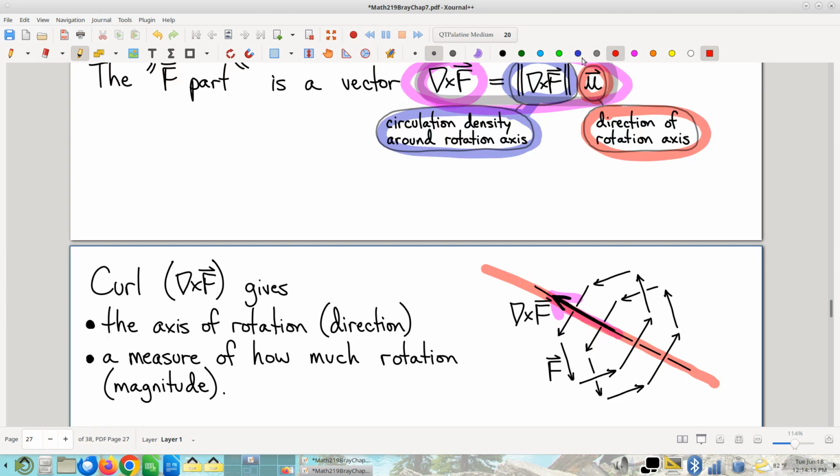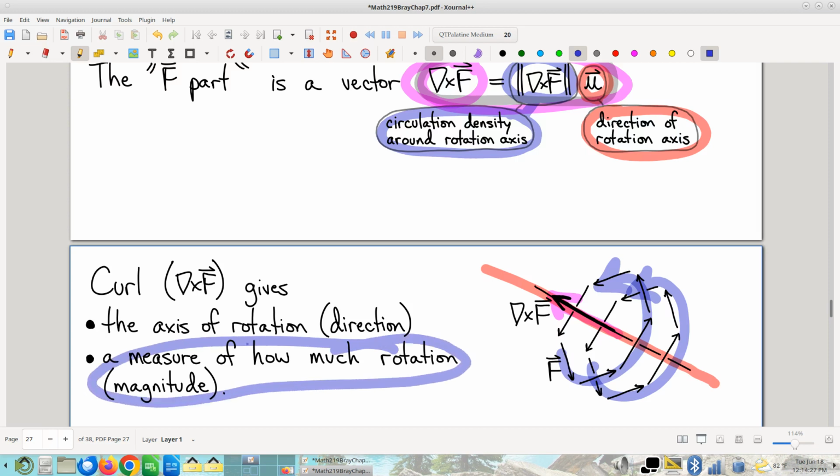And the magnitude is telling you, in some sense, how powerful is this tornado? It's telling you some sort of a measure of the strength of the rotation of the fluid around the axis indicated by the direction that the curl points. Everybody buying it?